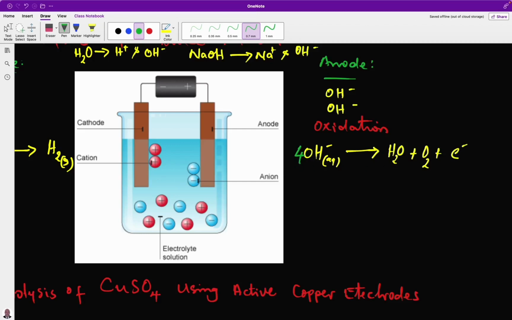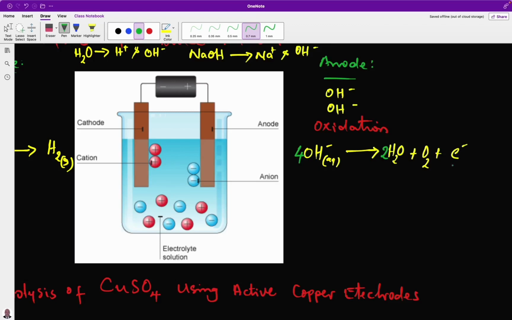There are 4 hydrogen here, so we put a 2 here. 2 hydrogen, 2 times 2 is 4 hydrogen. Okay, oxygen 4. 2 hydrogen, 2 oxygen. It balances the situation. But there are 4 ions on this other side. What must we do?